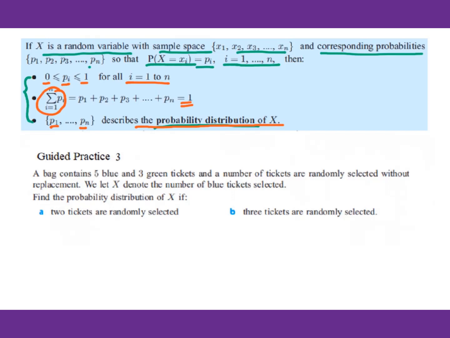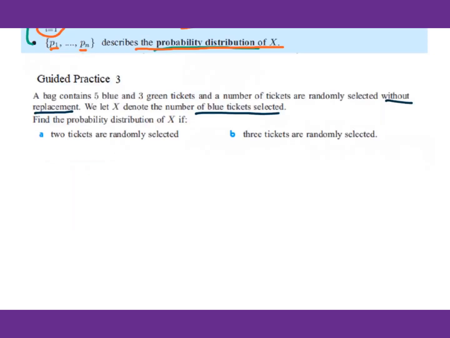Guided practice 3. A bag contains 5 blue and 3 green tickets, and a number of tickets are randomly selected without replacement. We let X denote the number of blue tickets selected. Find the probability distribution of X if 2 tickets are randomly selected.